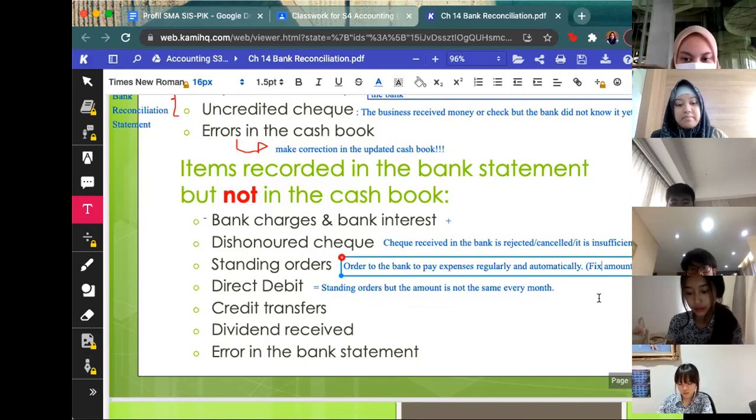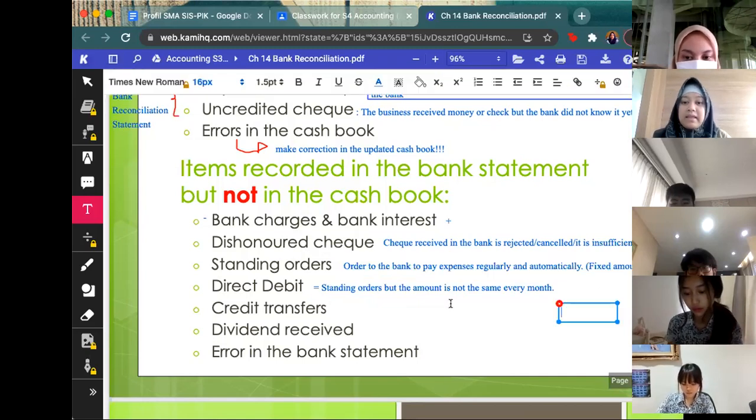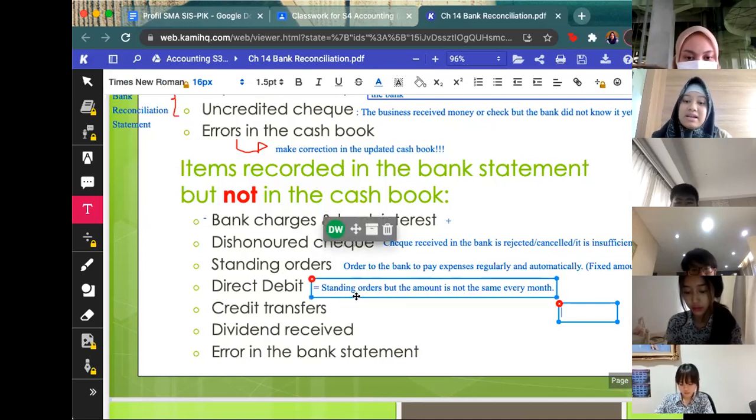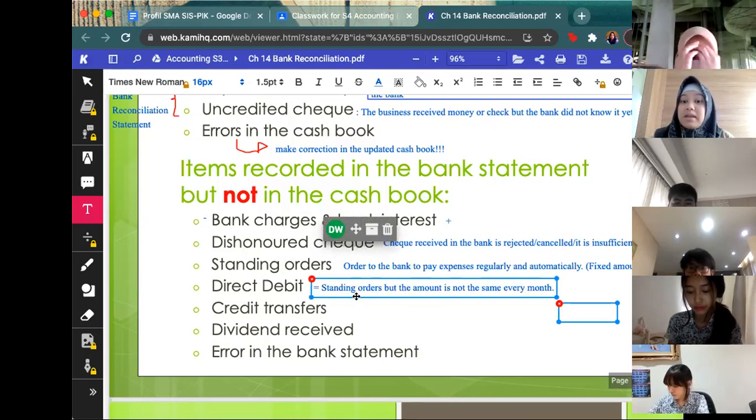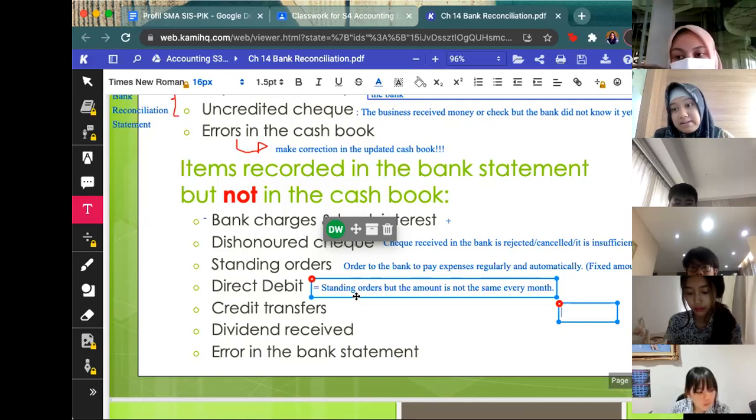So the difference between standing order and direct debit: on the direct debit, the amount that is charged or deducted from the account is not the same every month. What is an example of direct debit? Such as water expense. Water expense will be billed every month, but how much depends on how much you use the water, so it's going to be different from month to month.